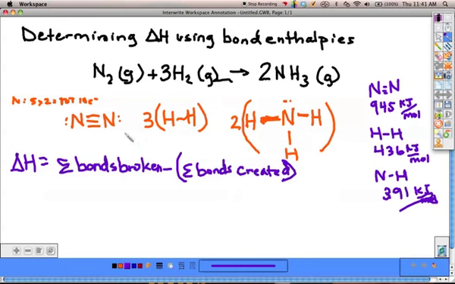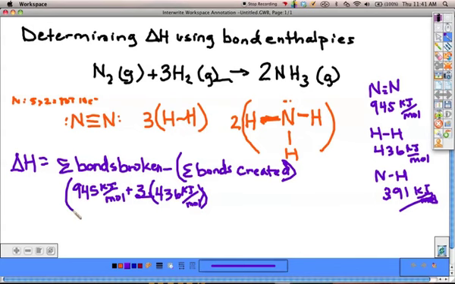So I see here that I am breaking a nitrogen-nitrogen triple bond, so 945 kilojoules per mole. I'm also breaking 3 hydrogen-hydrogen bonds, which is 436 kilojoules per mole. So these are my bonds broken here.